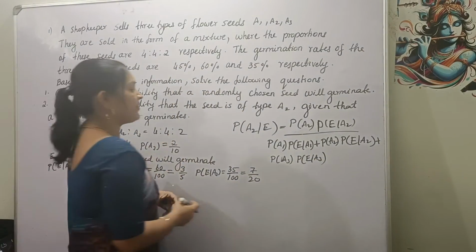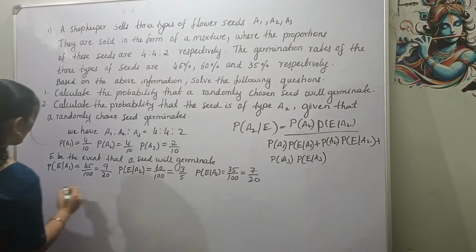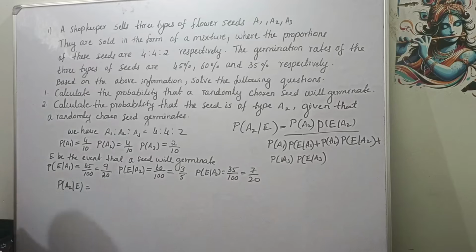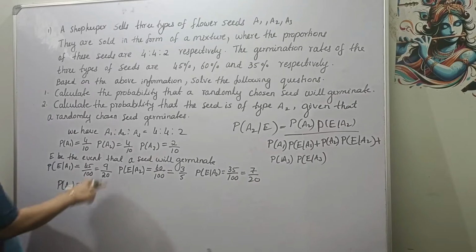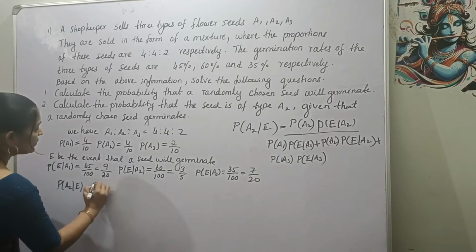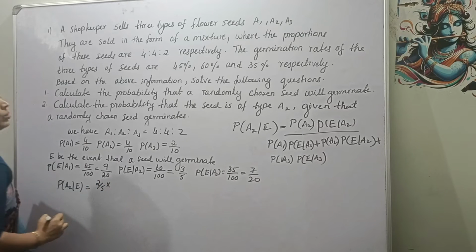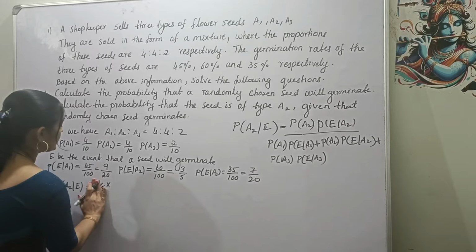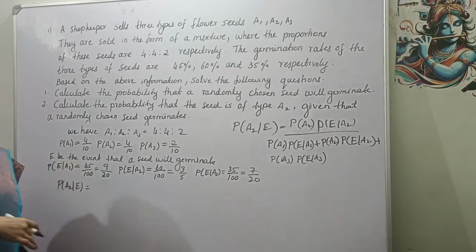Now let's substitute the values. Therefore probability of A2 given E is equal to probability of A2 is 2 by 5 into probability of, so let's multiply this itself, okay, so that we can cancel the denominators, right, denominators of numerator and denominators.